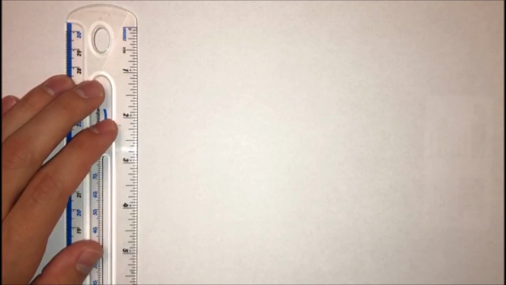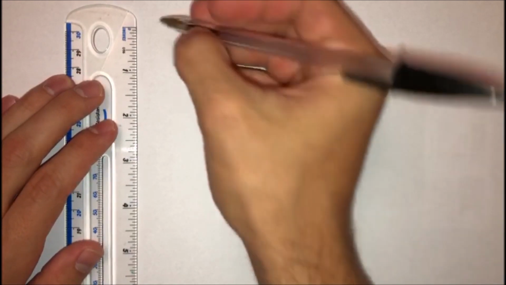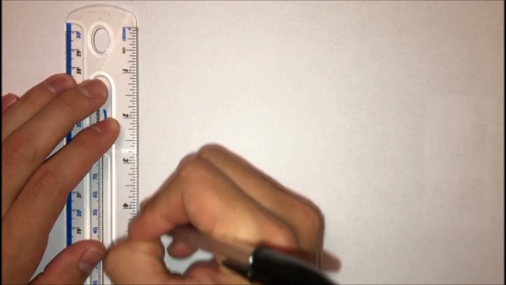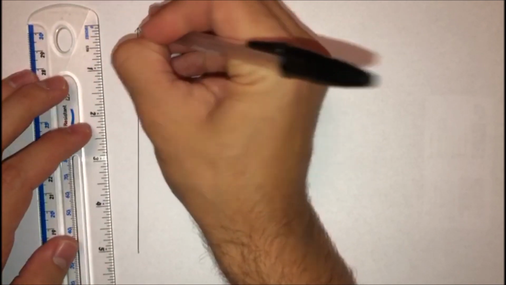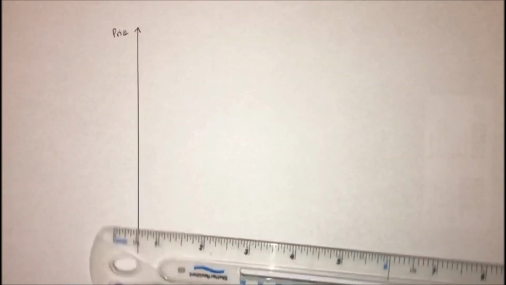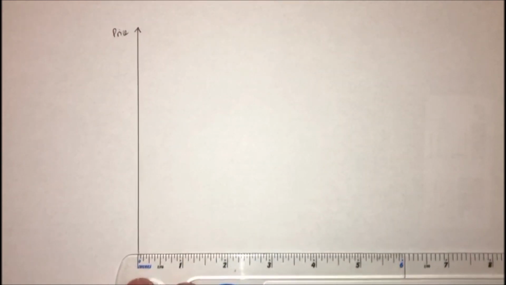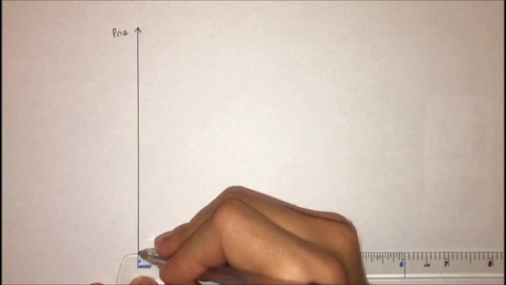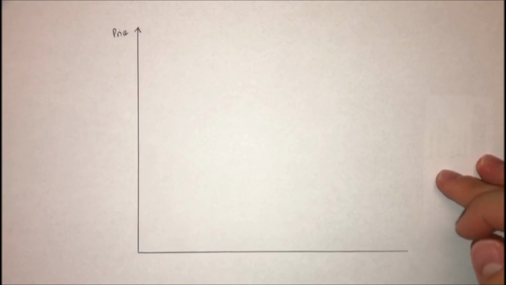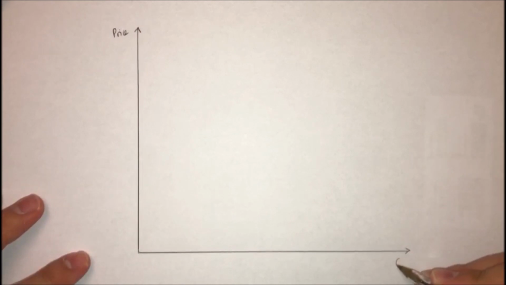So again, this is a demand and supply analysis, and we'll start by drawing the y-axis, which we'll label price, and the x-axis, which we shall label quantity.